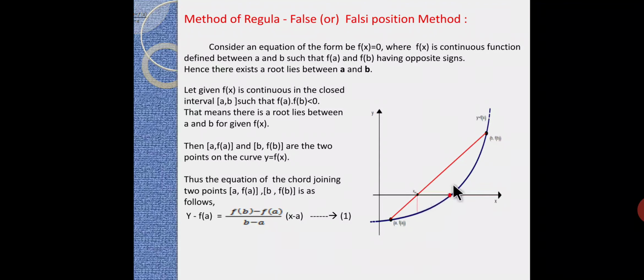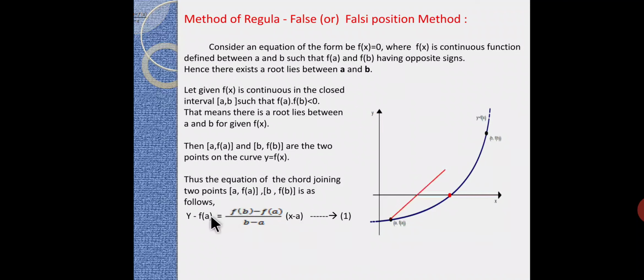Thus, the equation of the line joining these 2 points (a, f(a)) and (b, f(b)) is as follows: y minus f(a) is equal to [f(b) minus f(a)] by [b minus a] into (x minus a). This formula we can write from the equation of the line joining 2 points, where (a, f(a)) is (x1, y1) and (b, f(b)) is (x2, y2).